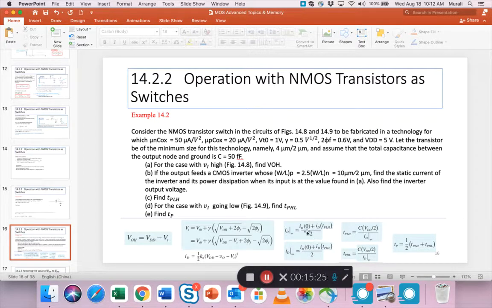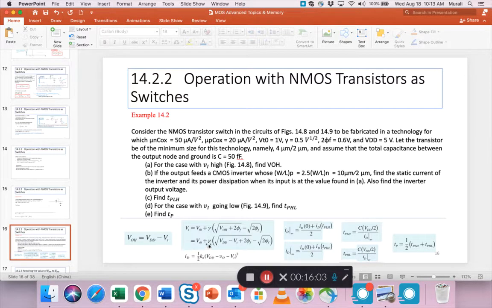So you have to find the two denominators. Now, to find the two denominators, you have to use this formula, right? You need two currents here. One is the device's drain current at t equals 0. Another current you have to find is in the drain circuit when time is not t equals 0, but the point when you've reached the TPLH point, when you're halfway up or halfway down.